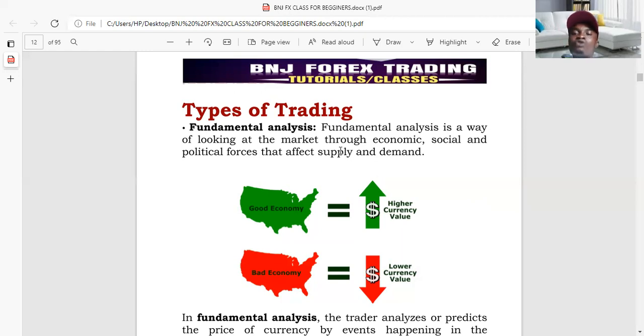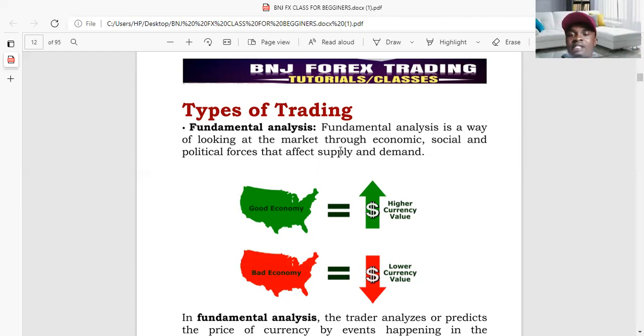This is mainly for those who want to be trading only per currency. But those of you that will be trading volatility will be using technical analysis, while those of you that will be trading per currency will be using fundamental analysis.